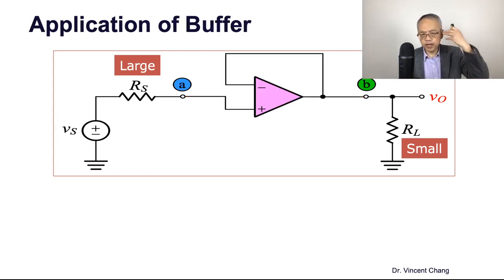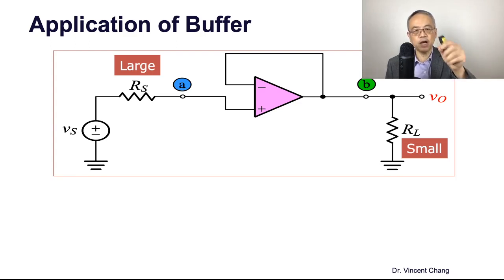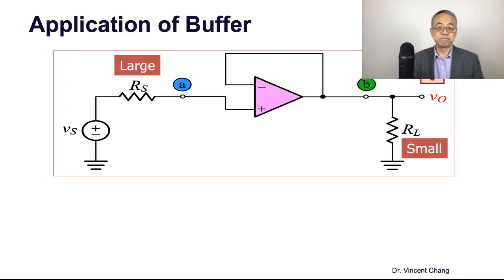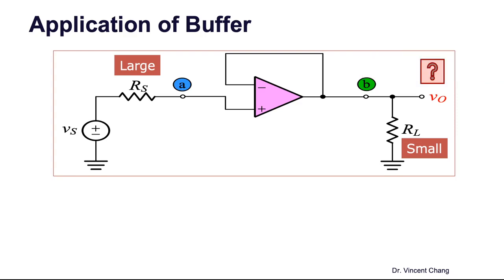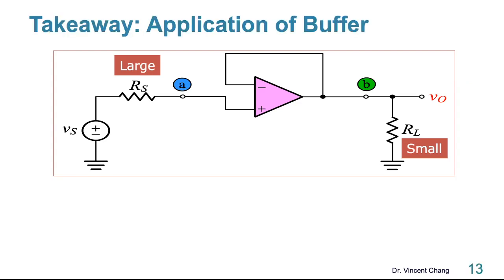But if you insert a voltage buffer between A and B, instead of doing the direct transmission using a line, you insert a voltage follower between A and B. Then what happens? This is the key concept of a buffer.